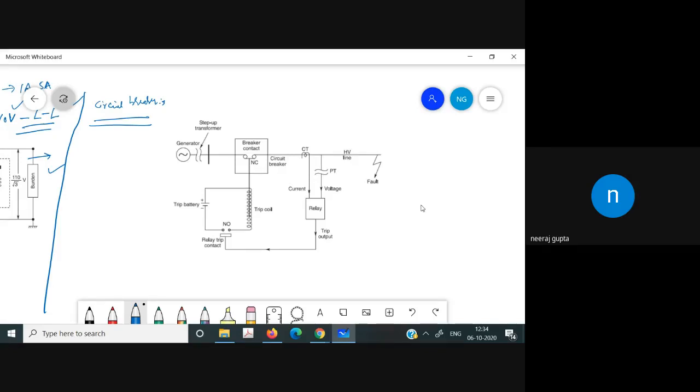Now, what is the circuit breaker? It is actually an electrically operated switch which is capable of safely making and breaking the short circuit current.